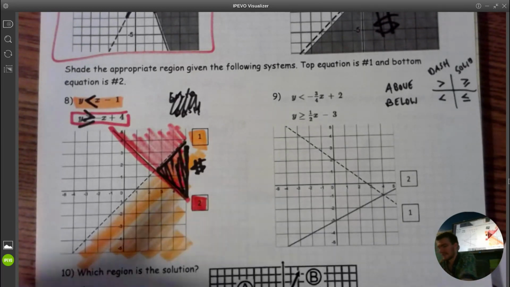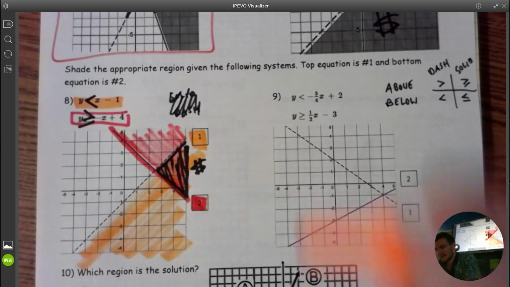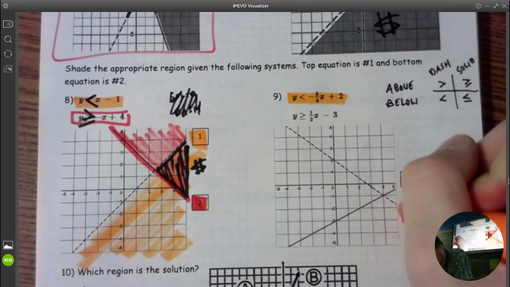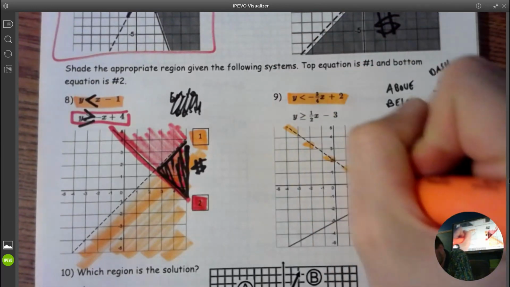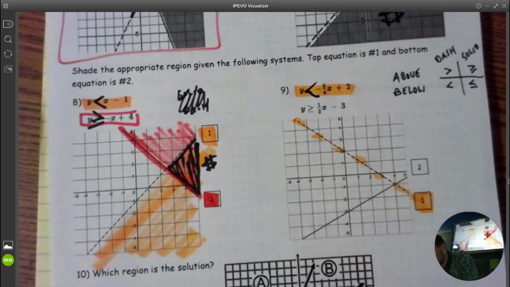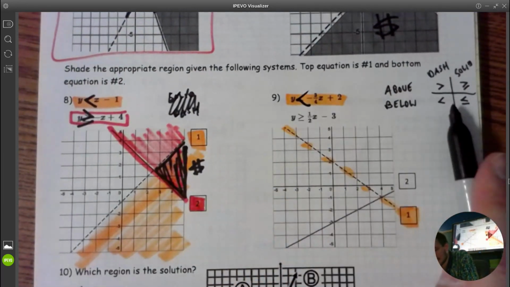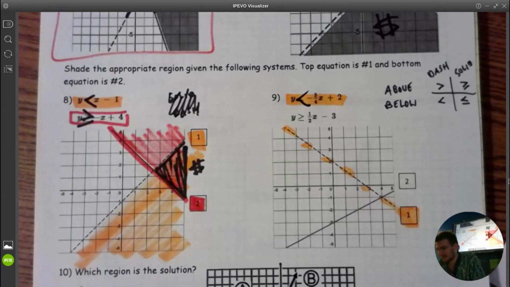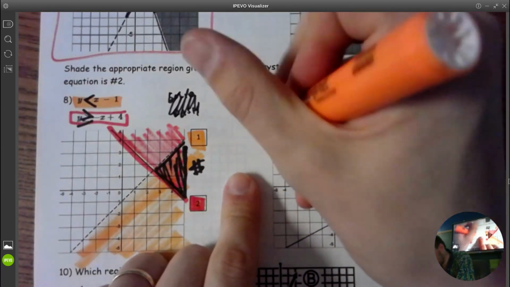All right, let's do the same thing for number 9. We have line number 1, which is this dashed line here. And I see that this is a less than, and the less than I see in this position, which is a below. So I'm going to be coloring below.